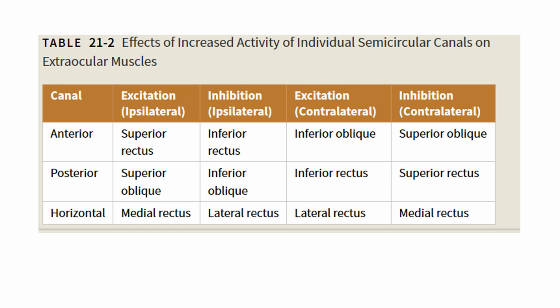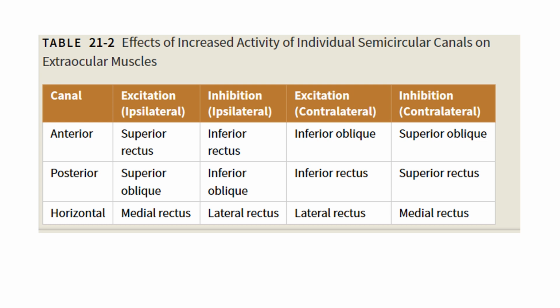Next up, posterior. So increased activity at the right posterior canal, we're going to see excitation of the right superior oblique. Inhibition of the right inferior oblique. Right posterior canal, we're going to see excitation of the left inferior rectus. And then right posterior canal increased activity would inhibit the opposite eye.